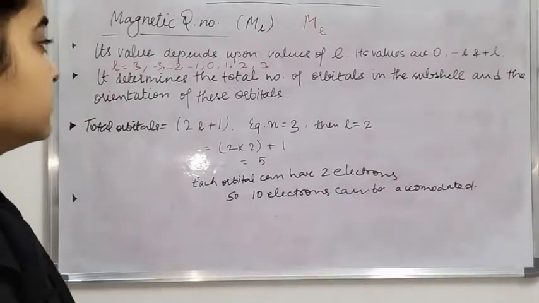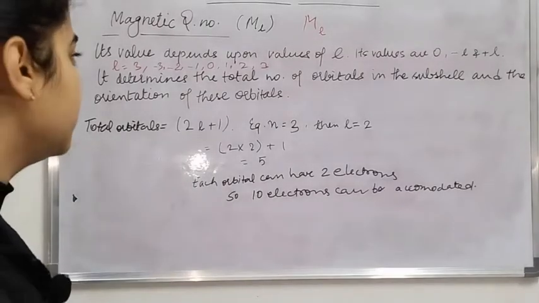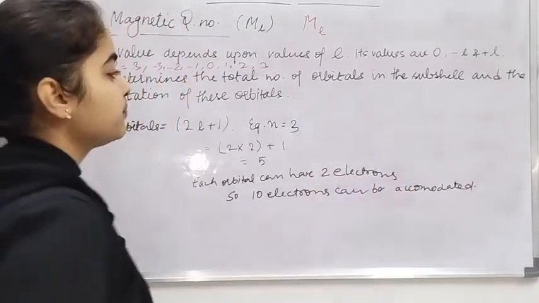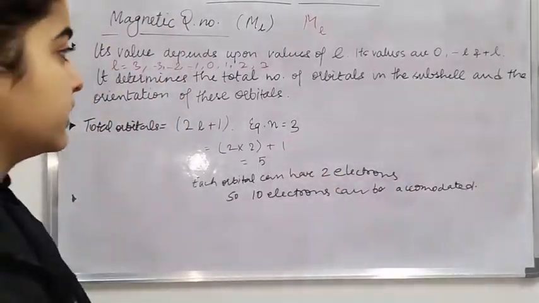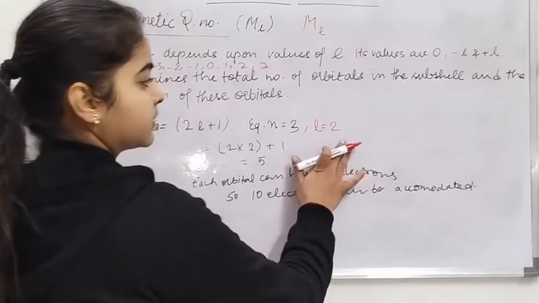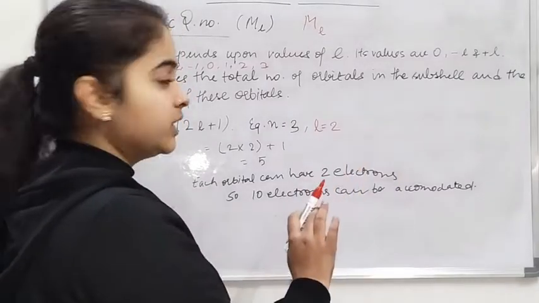How can we find the total number of orbitals? This is the formula: 2l plus 1. For example, if only n is given to us, suppose n is 3, then l will have maximum value 2. We take the maximum value here.